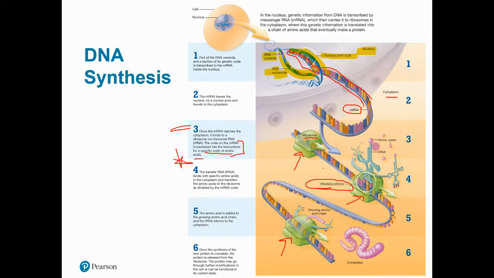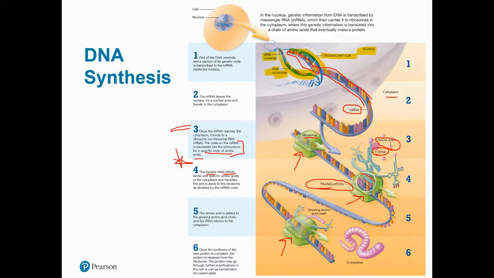Boom. That's translation. So what's going to happen is we have these little transfer RNA, which is abbreviated tRNA. Transfer, or call it transport, but it's transfer RNA, tRNA, is going to be going out in the cytoplasm, finding the specific amino acids that will meet the three nucleotide code on the mRNA.